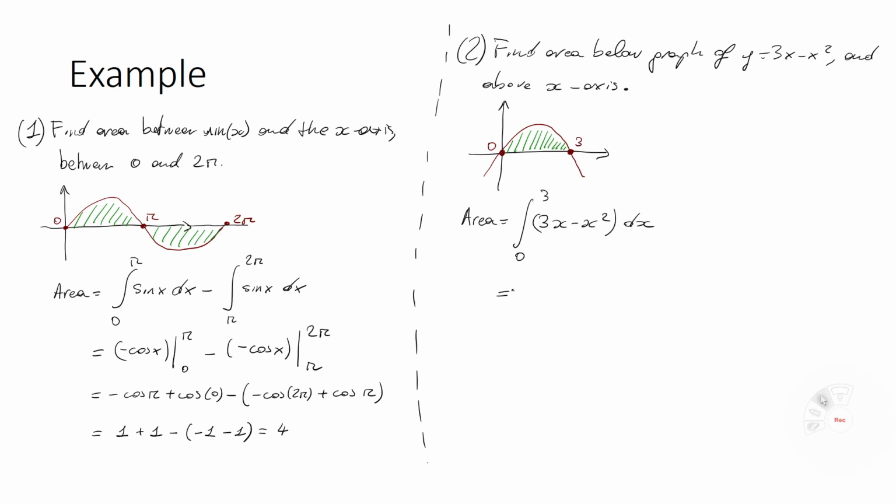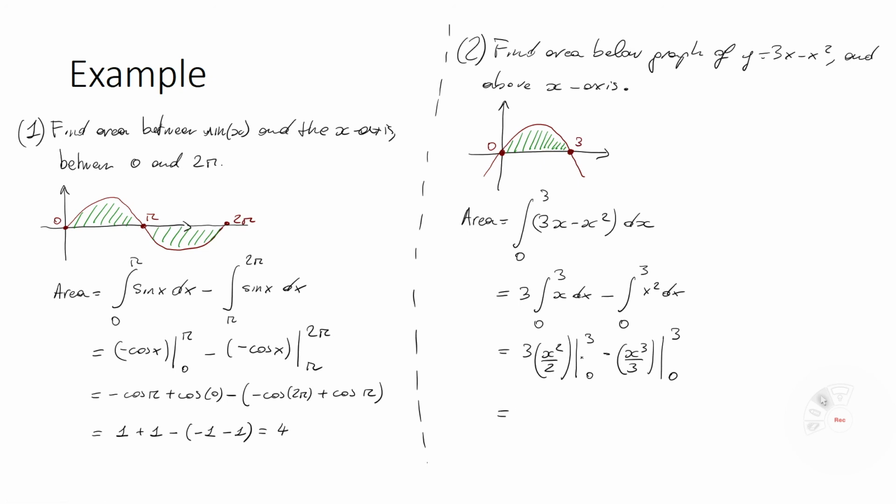So let's calculate that, and we'll calculate it once very slowly. It is 3 times the integral 0 to 3 of x dx minus the integral 0 to 3 of x squared dx. So that is 3 times, now we choose a primitive or an antiderivative, x squared divided by 2, evaluated at 3, 0, minus x cubed divided by 3, that's a primitive for x squared, evaluated at 3, 0.